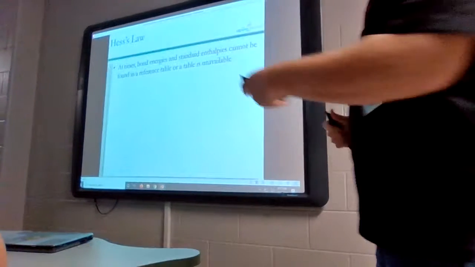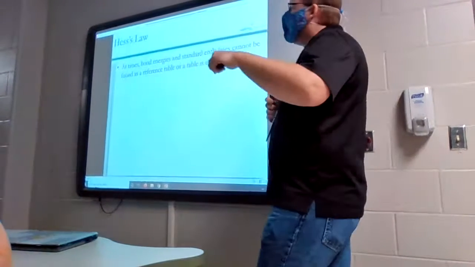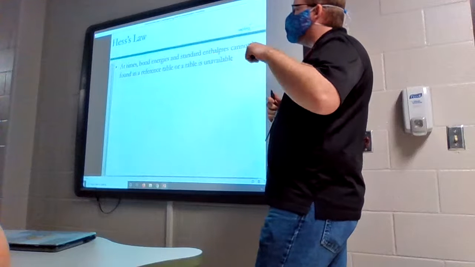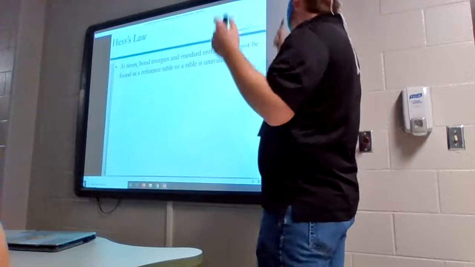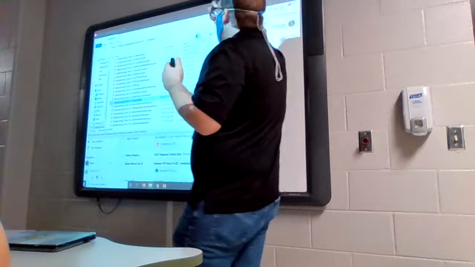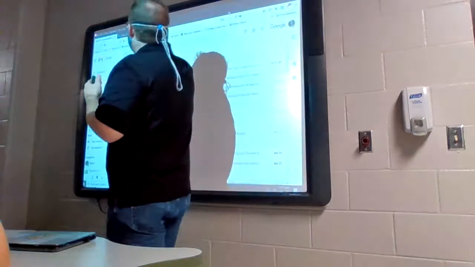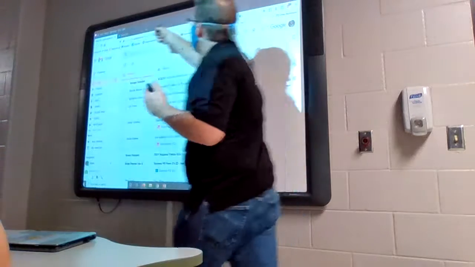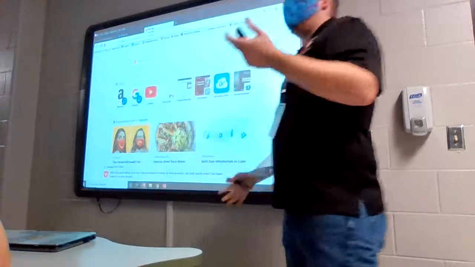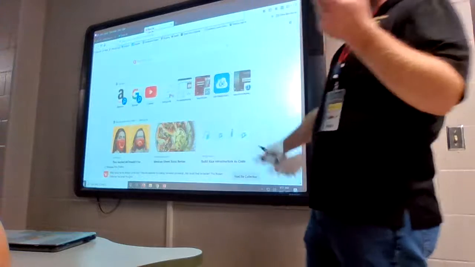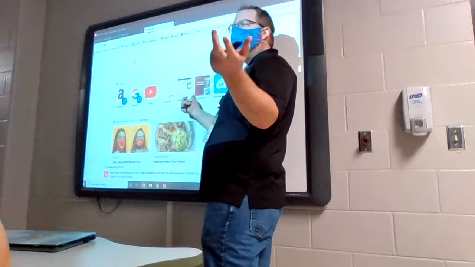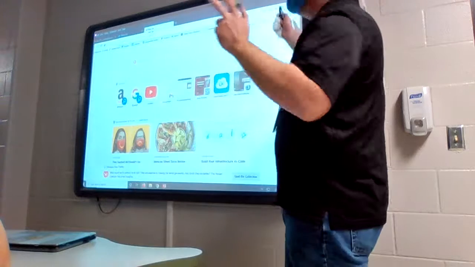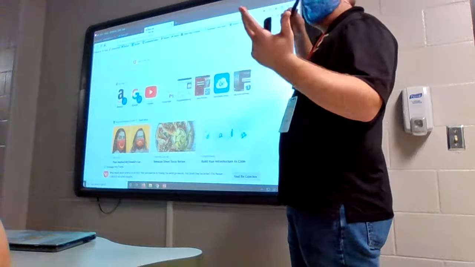I'm using my laser pointer here. At times, bond energies and standard enthalpies cannot be found in a reference table, or a table is unavailable. And we kind of saw that yesterday. You remember the long list that we had yesterday, with every single chemical on it and the heat number with it. You can imagine there's a lot of chemicals that weren't on that list.